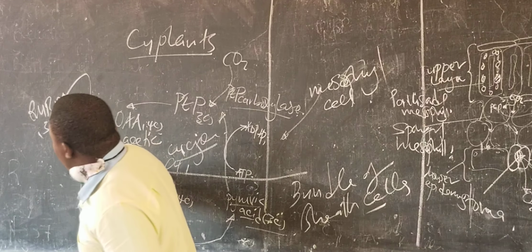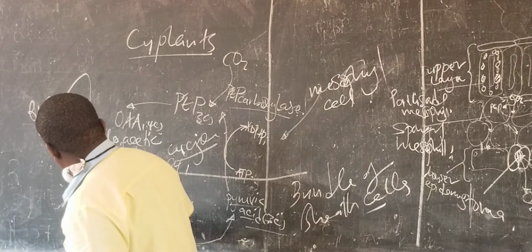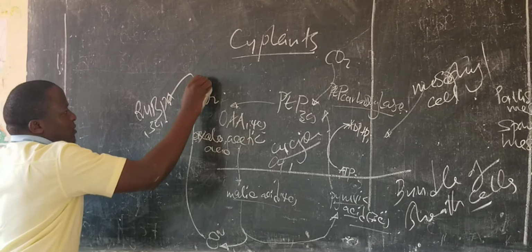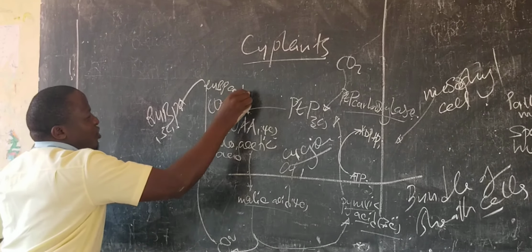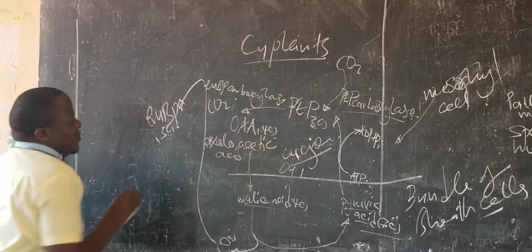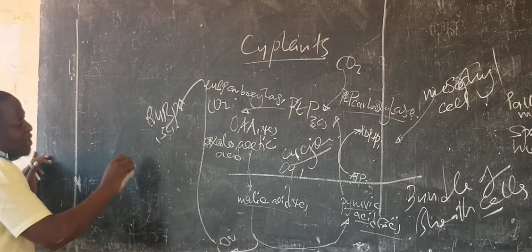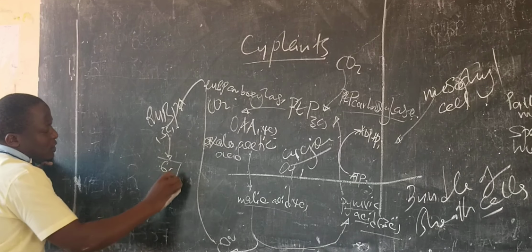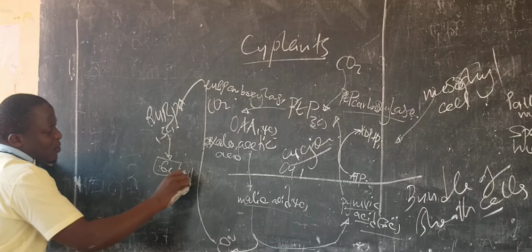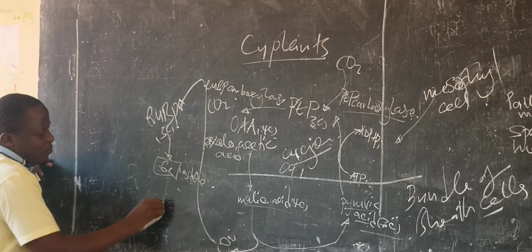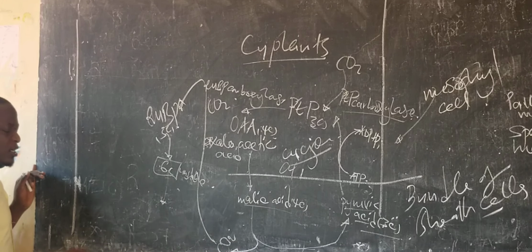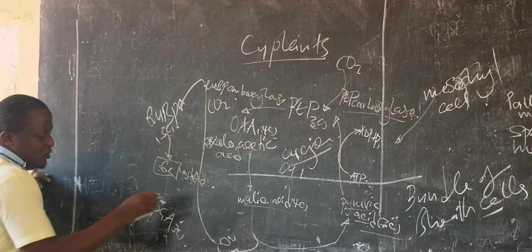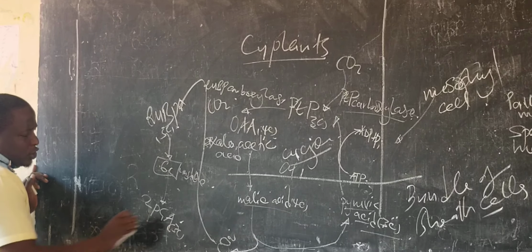The enzyme involved here, we said, is RuBisCO, ribulose bisphosphate carboxylase. It accepts carbon dioxide and forms a 6 carbon compound. We mentioned that it is unstable. The 6 carbon compound disintegrates to produce 2 molecules of phosphoglyceric acid. These are 3 carbon compounds each.